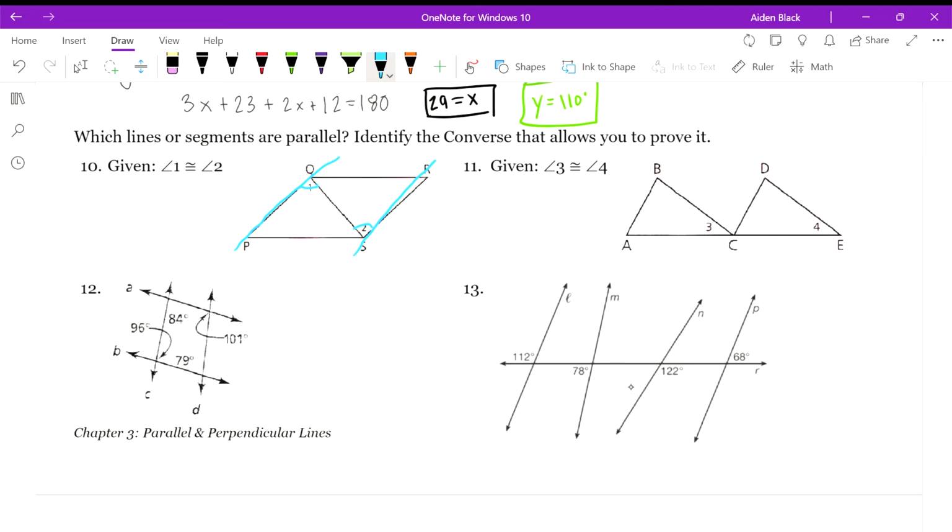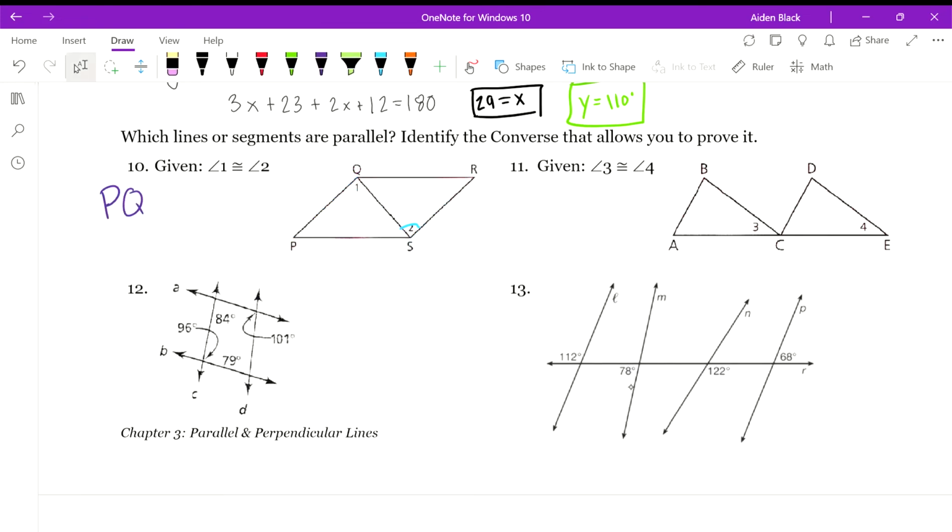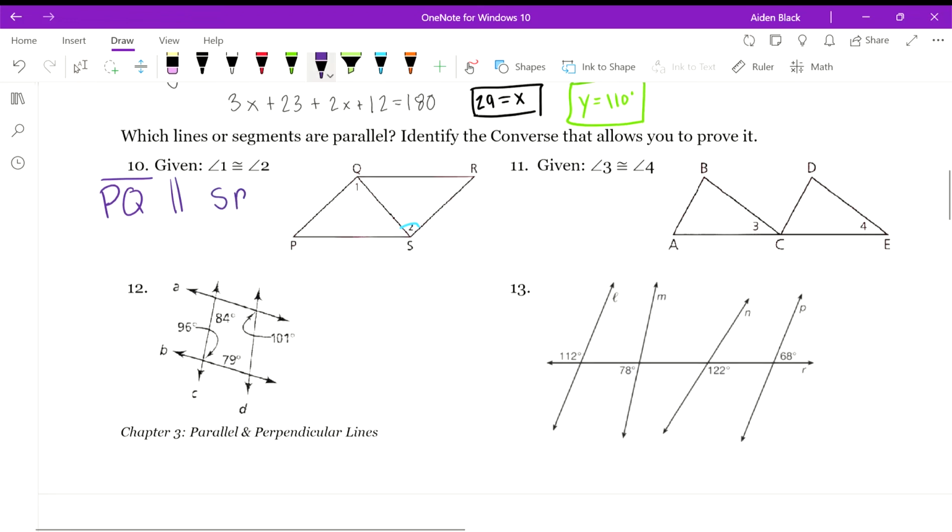Because if you look at this transversal, you can see it forms those angles that are congruent. We'll double check with the other pair of lines. So we get PQ is parallel to SR by, and we said these are alternate interior, right?